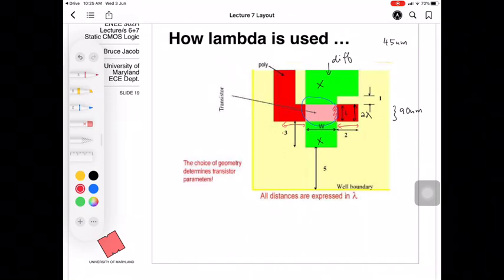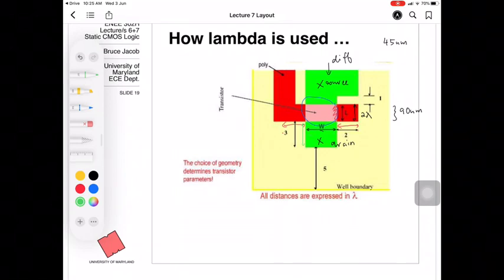Now the diffusion. In order to form the transistor, if this is the source and this is the drain, in order to fit the contact, this diffusion, this green part, should be at least 3 lambda.